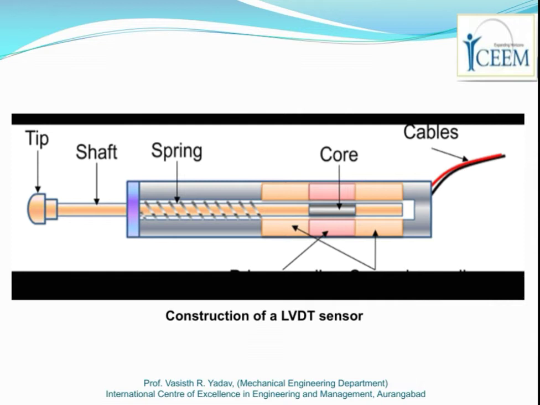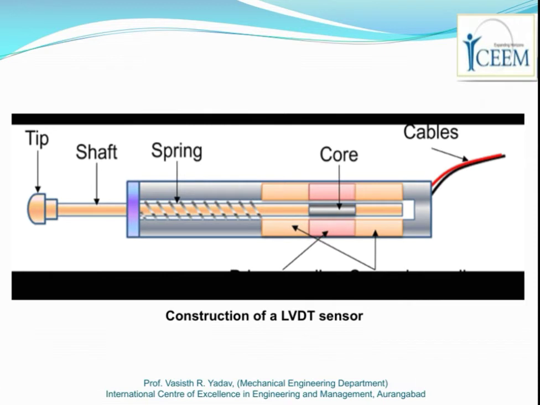And then a magnetic core is attached to the element whose displacement is to be measured and is placed inside the insulated cylinder, right?